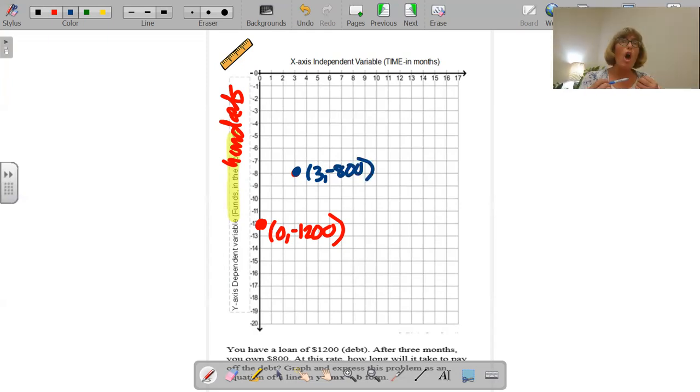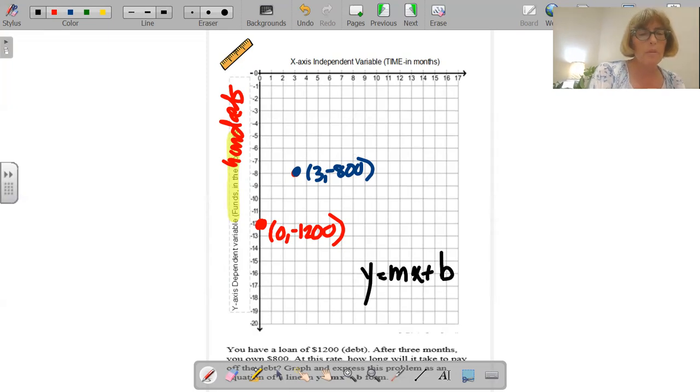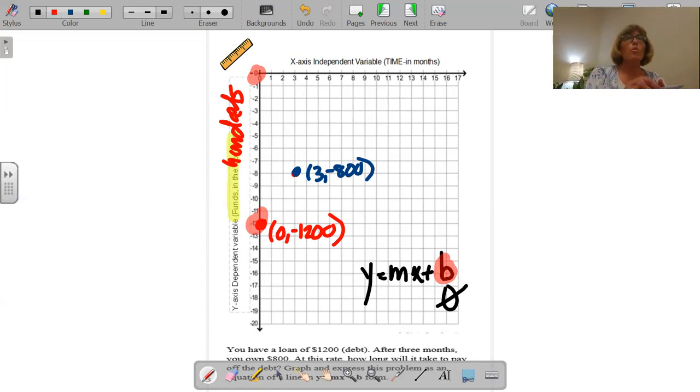We want to draw an equation of a line. To get an equation of a line, we need y equals mx plus b. We already have our b. Our intercept of this line is going to start us at 0. Our slope is rise.